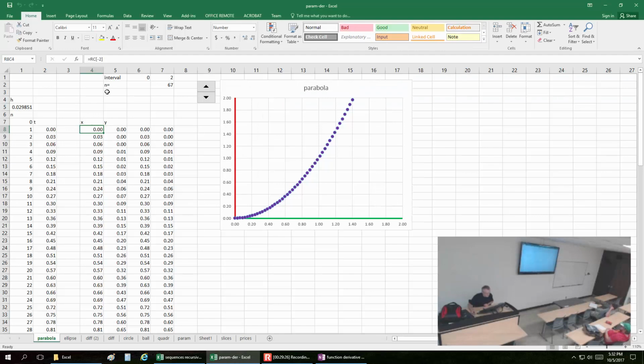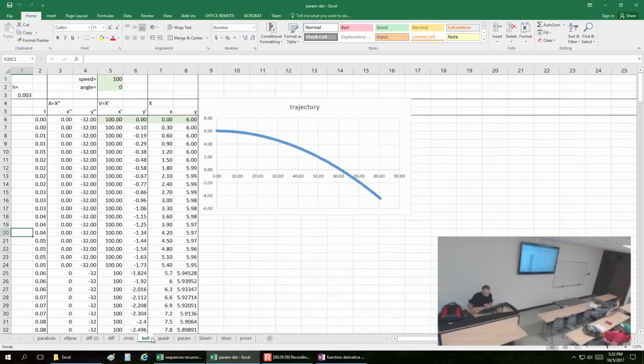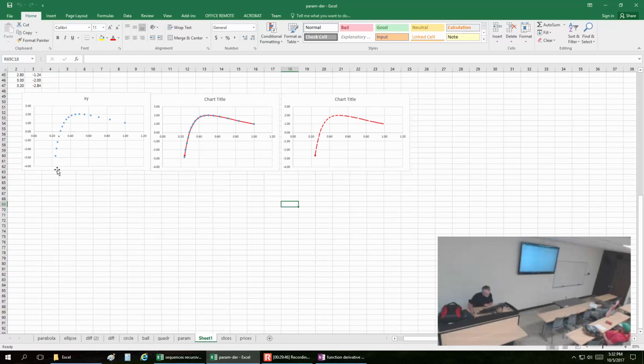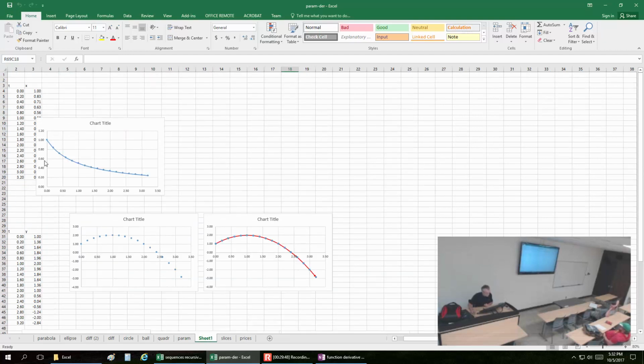Okay, so this is a quadratic function, except instead of plotting them separately, I plotted them together. So here I keep combining x and y.